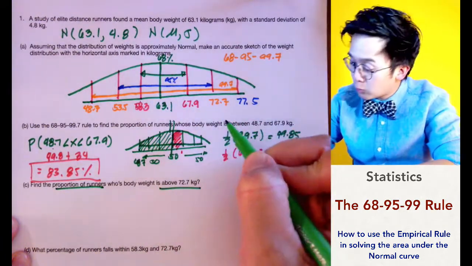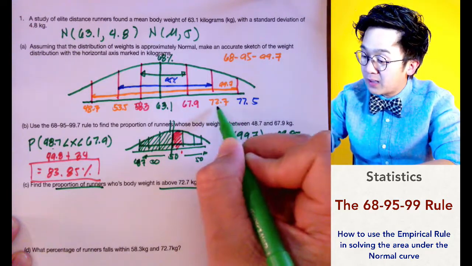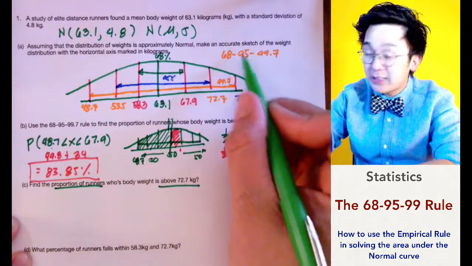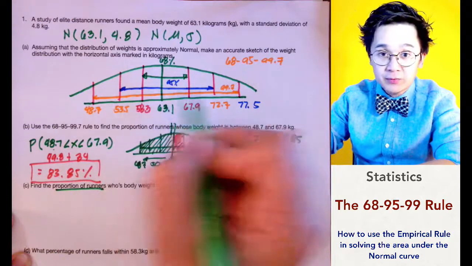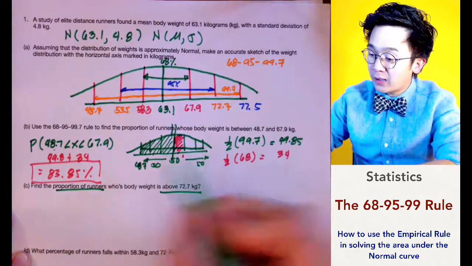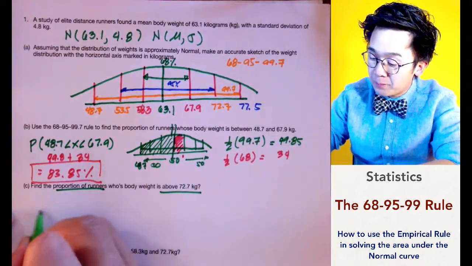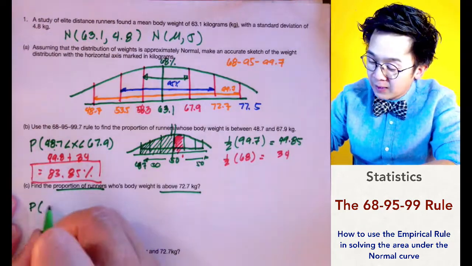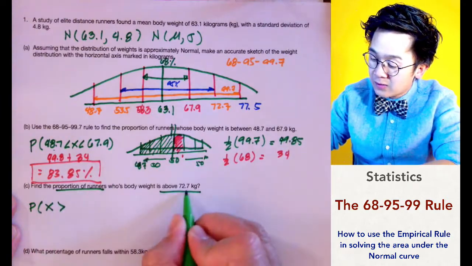At yung 72.7 kilograms is nandito sa area na to ng ating curve, at ito ay nagko-correspond sa 95%. So, from here to here, alam natin na 95%. At yun yung magiging reference area natin para makuha natin yung area to the right of 72.7. So, sa pagkuha ng probability niya or proportion niya, kailangan naman natin yung x ay greater than 72.7.